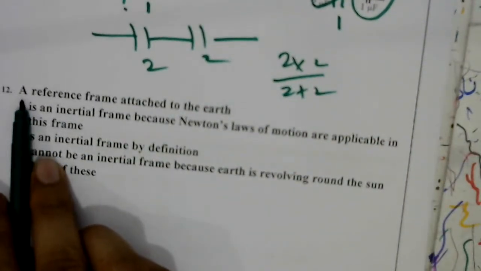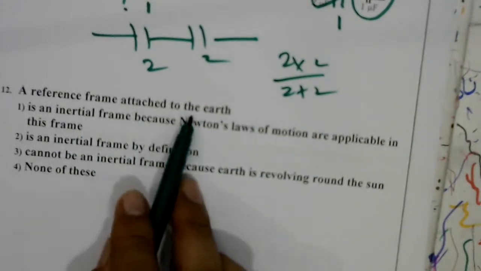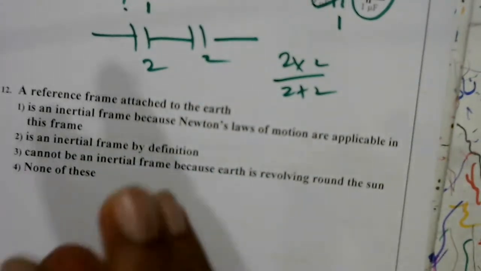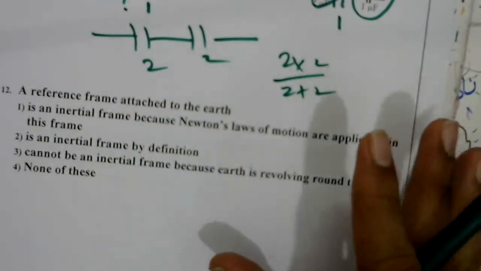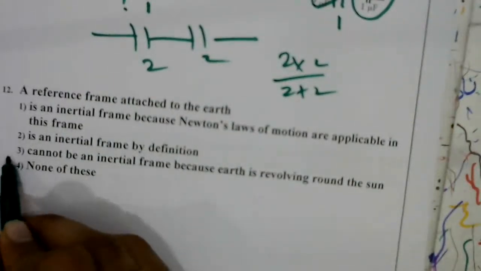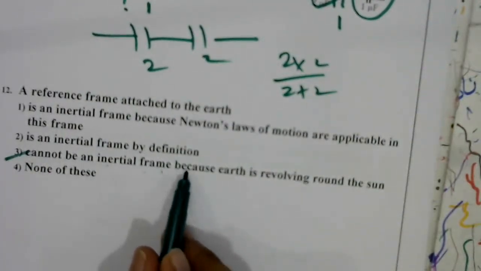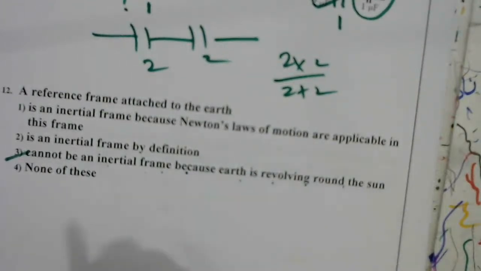12th one. A reference frame attached to the earth. You have to attach the frame of reference to the earth. In that case, you are in the same boat. It cannot be an inertial frame because earth is revolving around the sun.